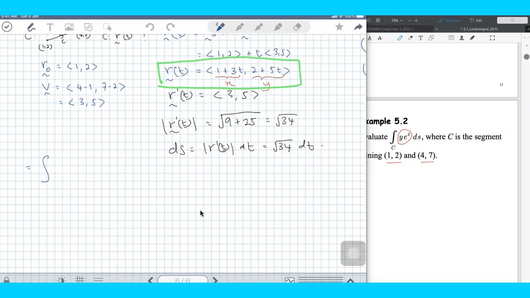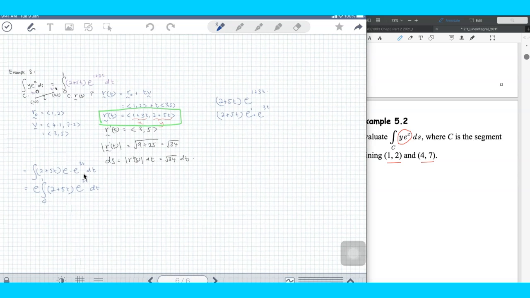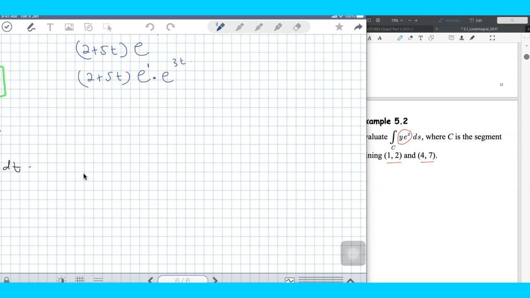So I have e to the 1, and we have 2 plus 5t and e to the 3t dt. Now e to the 1 is a constant and I can take it out. Now we only have 2 plus 5t multiplied by e to the 3t dt, t from 0 to 1. Okay, so now we want to implement integration by parts.